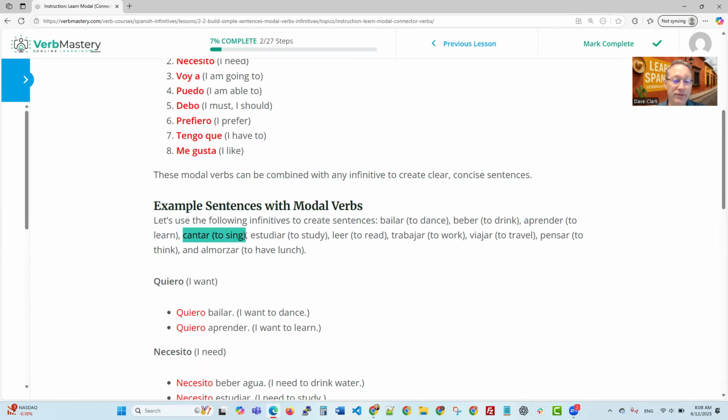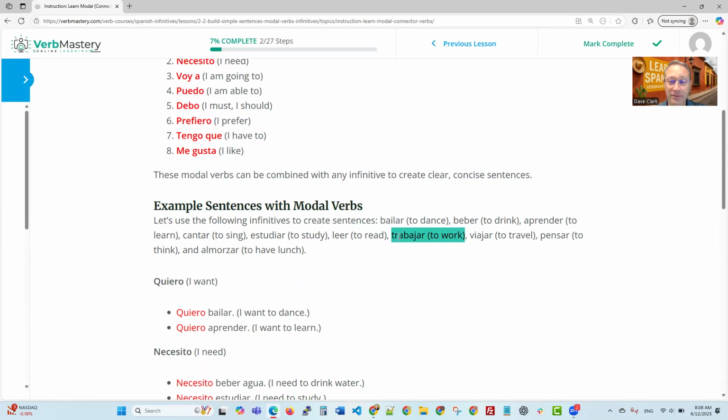Cantar means to sing. The next one is estudiar. Estudiar means to study. Notice the D has a TH sound here, estudiar. Next one is leer. Leer means to read. Next one, trabajar. Trabajar means to work.